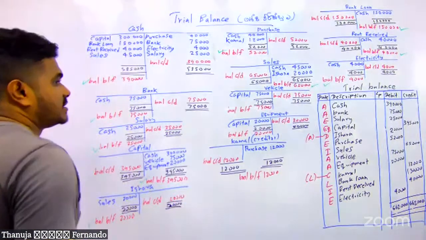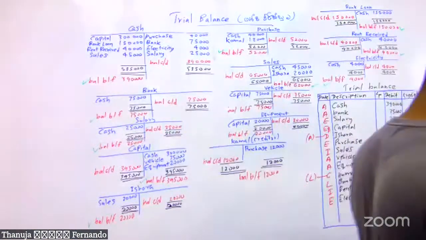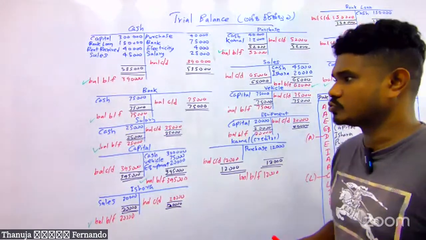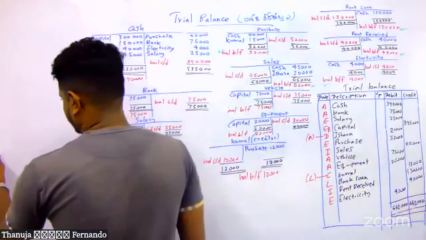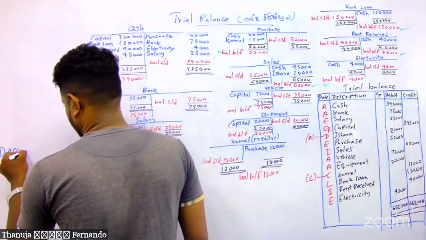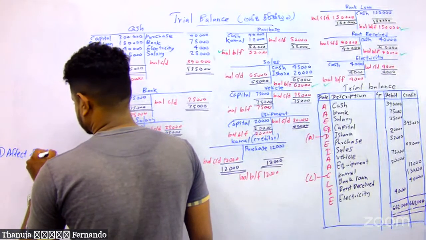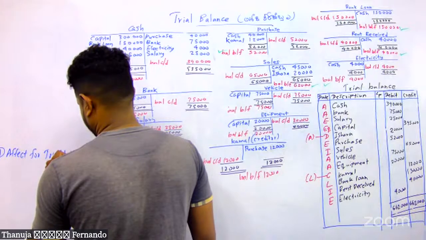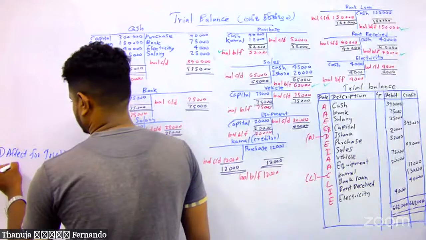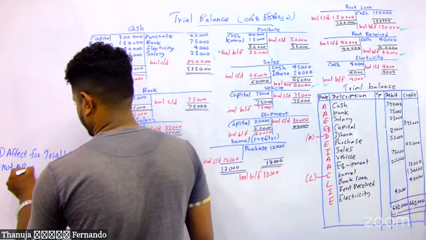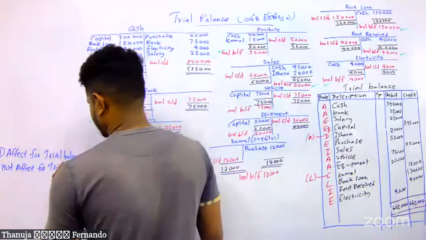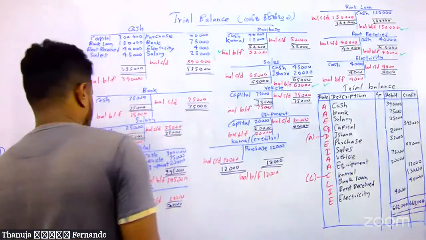These accounting errors we can classify into two. First one, the accounting errors which affect the trial balance. And the second one, which do not affect the trial balance.